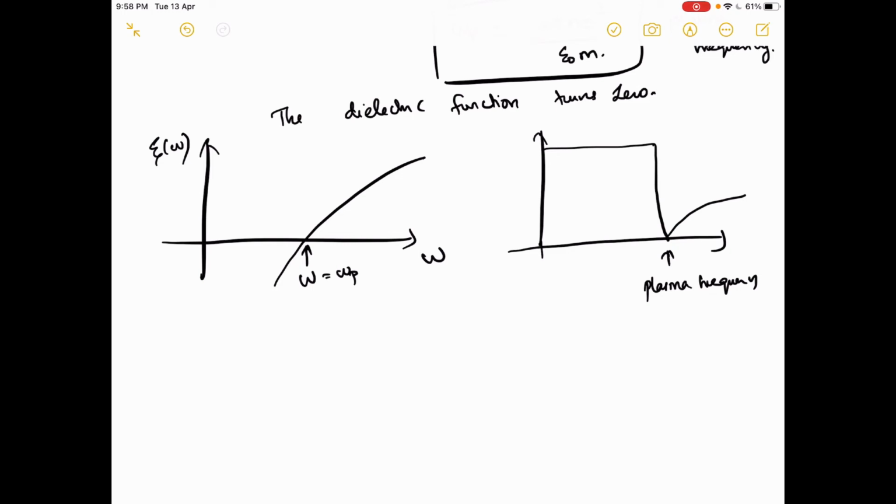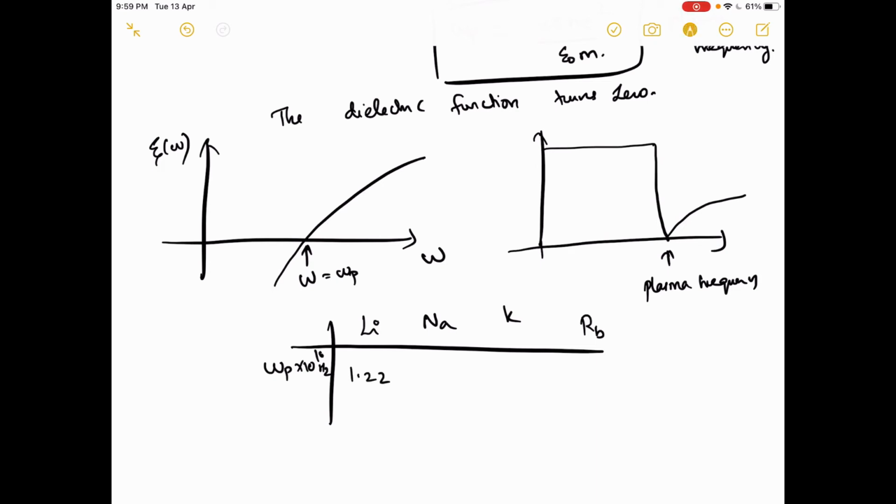It is also instructive to know the plasma frequency, which is given in 10 power 16 hertz for metals like lithium, sodium, potassium, rubidium. These are all alkali metals, which is about 1.22 in 10 power 16 hertz for lithium, 0.89 for sodium.